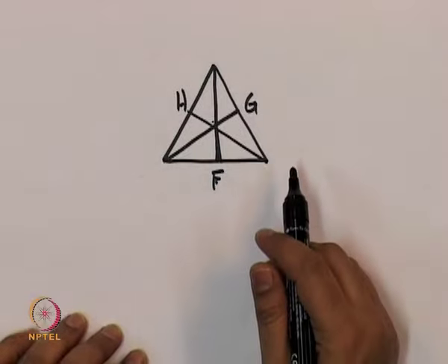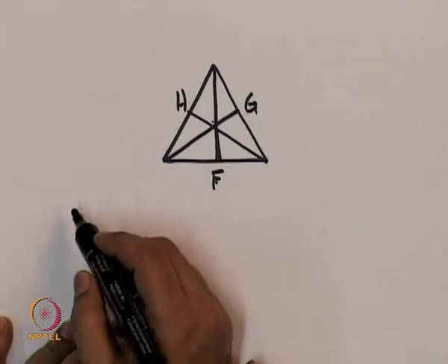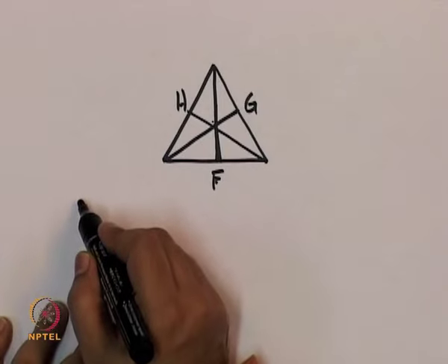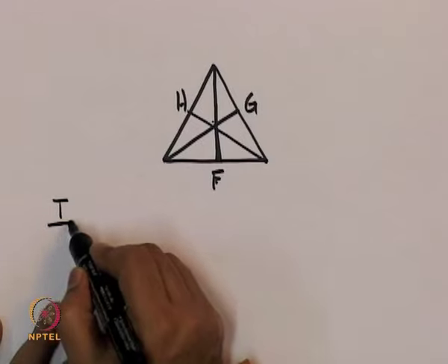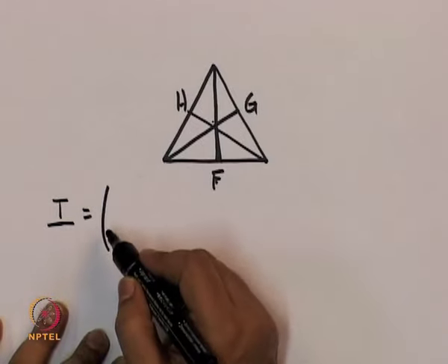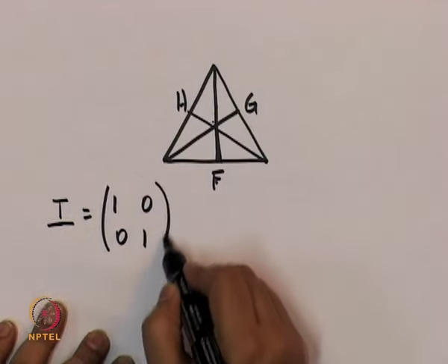So, that we saw last time, and there is another way to represent the same group, and that is as follows. The elements of the group can also be represented by matrices. Of course, first is the I operator, which is the unit element, which is nothing but 1 0 0 1.